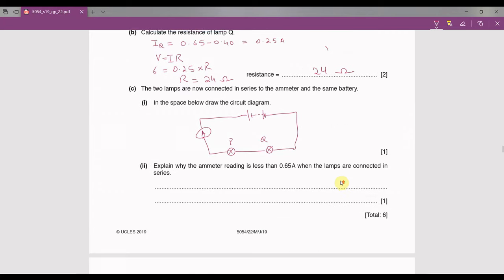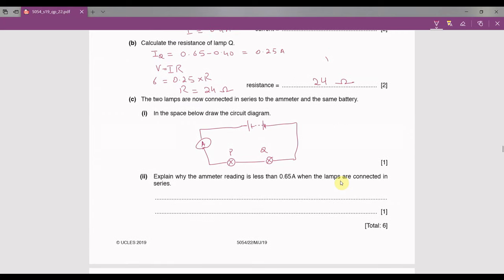Simple enough. Last part, explain why the ammeter reading is less than 0.65. Why is it less than 0.65 amperes when the lamps are connected in series? When you connect them in series, you calculate the resistance as R1 plus R2. But when you connect them in parallel, you calculate the resistance like this.